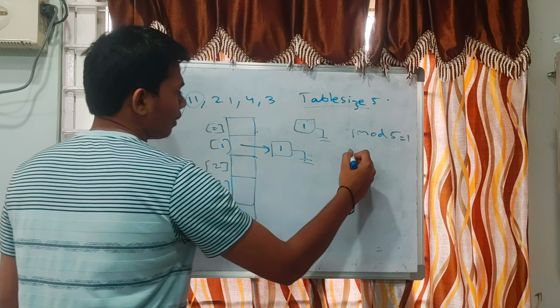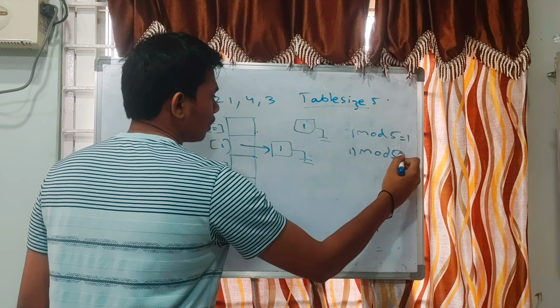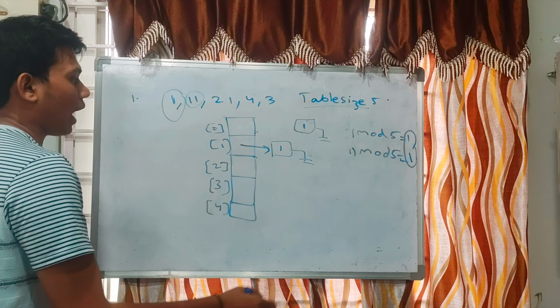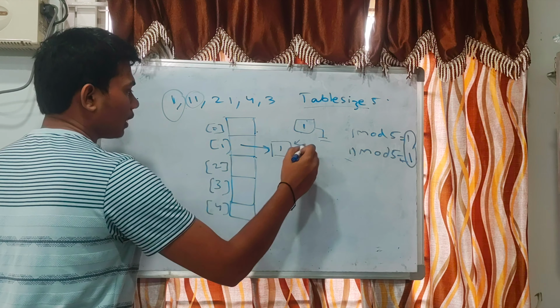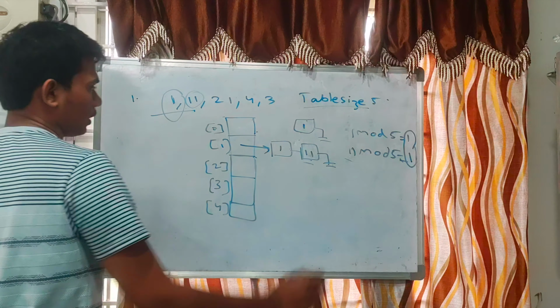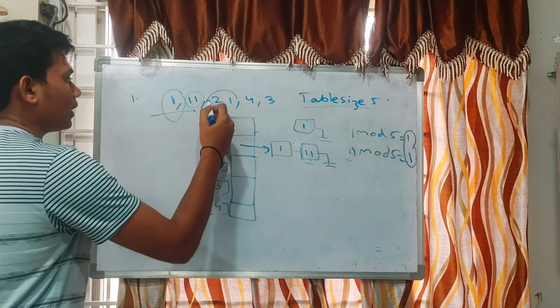Now 11 mod 5 also generates the same index value 1. So here we get a collision, and we add this 11 to this linked list because we have encountered the collision. In this way we have overcome the problem of collision by storing in the linked list. In a similar way, the next element is 21.